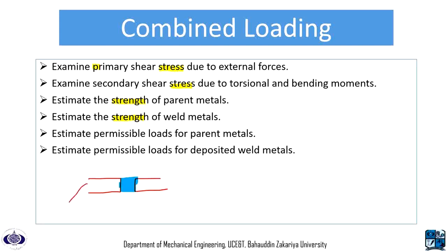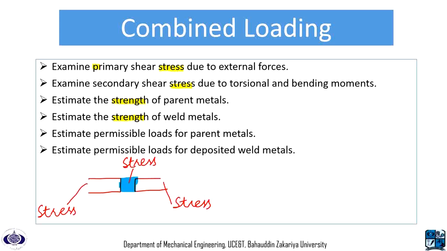We need to find the stress of all of these three parts: stress on parent metal 1, stress on parent metal 2, and similarly stress on the weld.